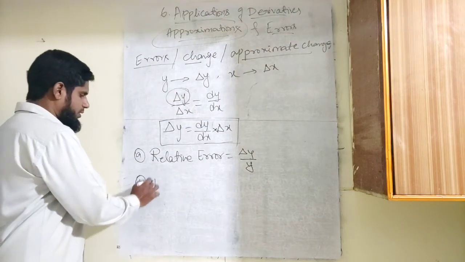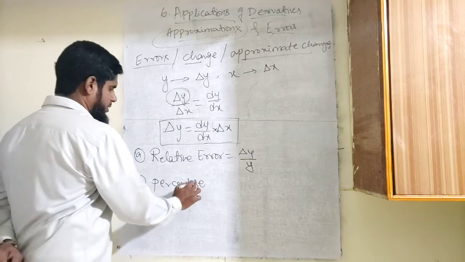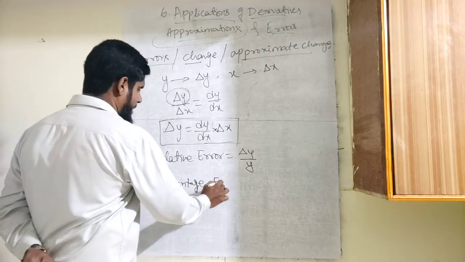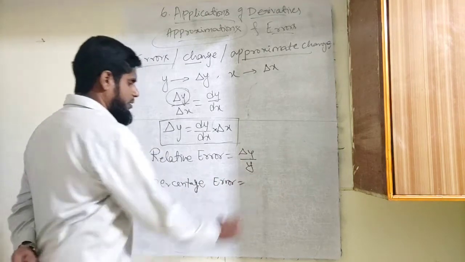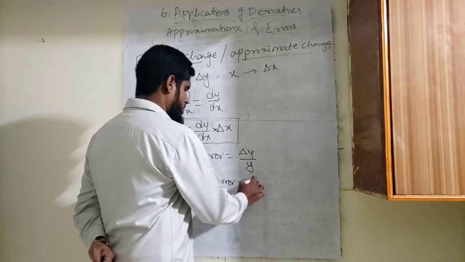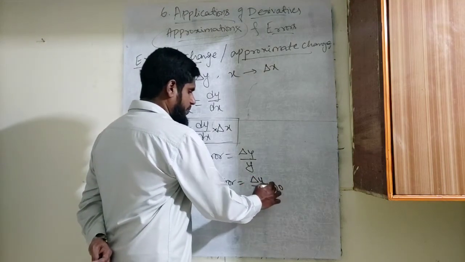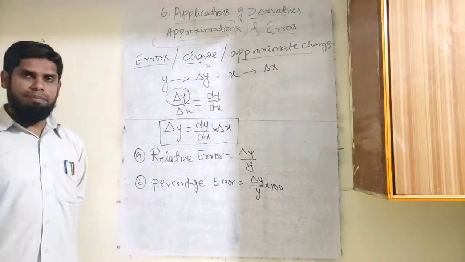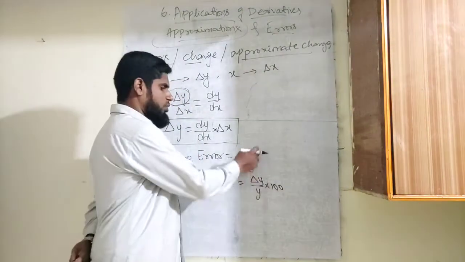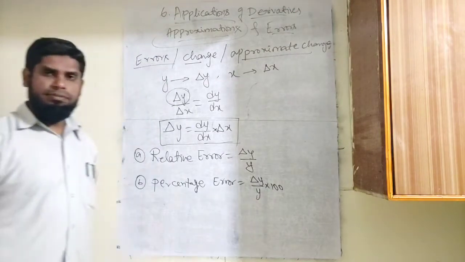Second is percentage error. That is equal to delta y by y into 100. Since it is a percentage, we must multiply the relative error by 100. Then we will get the percentage error.